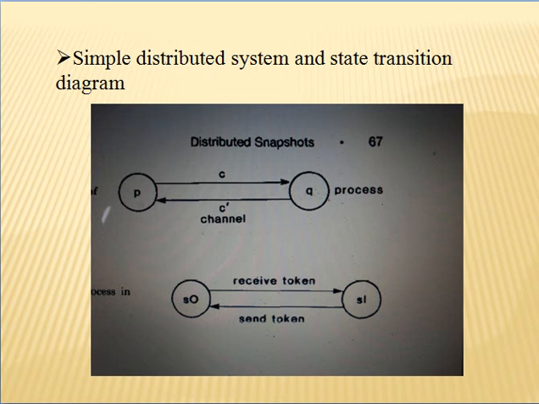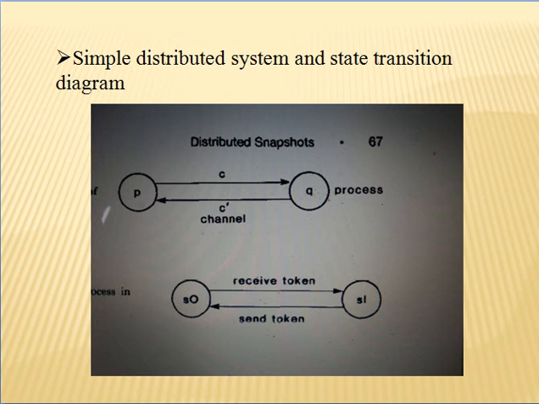P can send a message through channel C, and a message can be received through channel C dash by process Q. The communication is through tokens. The system contains one token that is passed from one process to another, and hence it is called a single token conservation system.